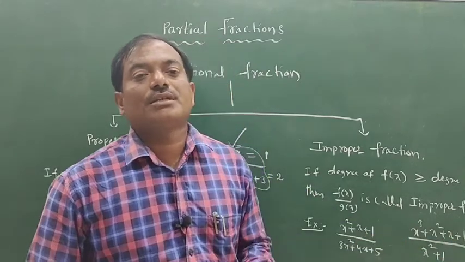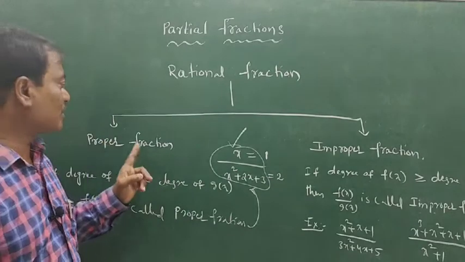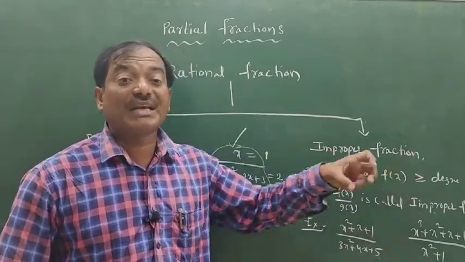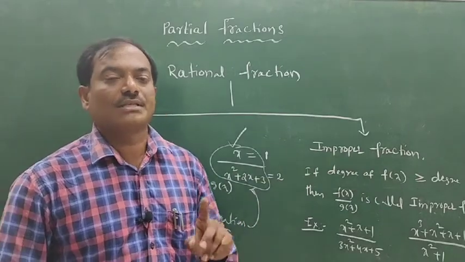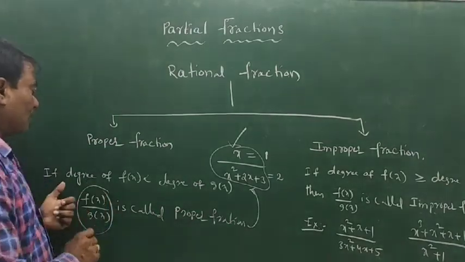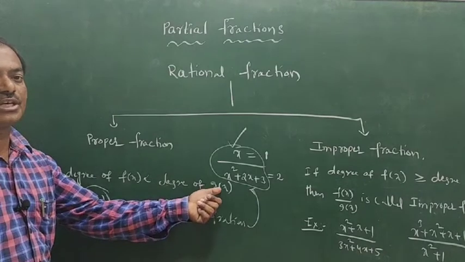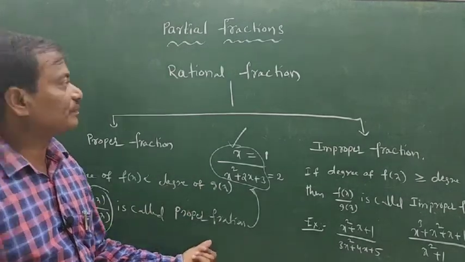So dear students, the rational fraction is divided into two types: the first is proper fraction, the second is improper fraction, based on the degree of f of x and the degree of g of x. In the first, the degree of f of x is less than the degree of g of x, so the given rational fraction is said to be a proper fraction.